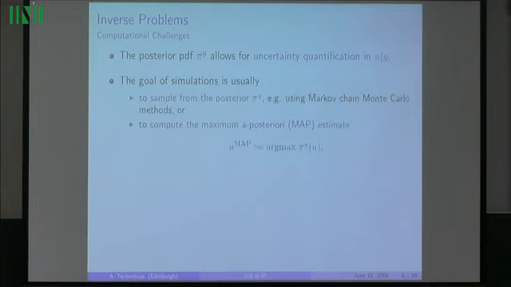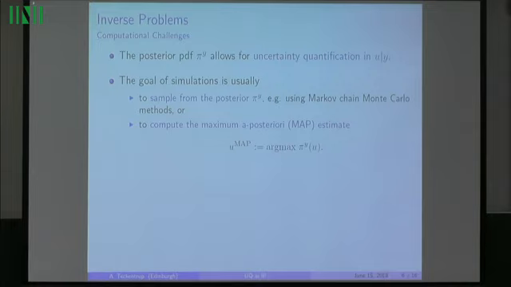Okay. Then the goal in the simulations is usually one of these two. Okay? So usually you want to produce some samples from the posterior, so you want to draw possible values of your parameter u, given the data y. So this is typically done using things like Markov chain Monte Carlo methods or Metropolis-Hastings methods, which people might be familiar with.